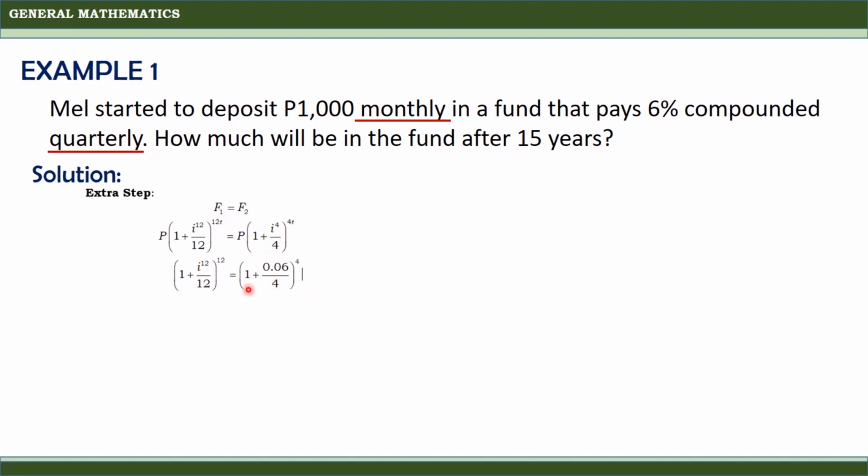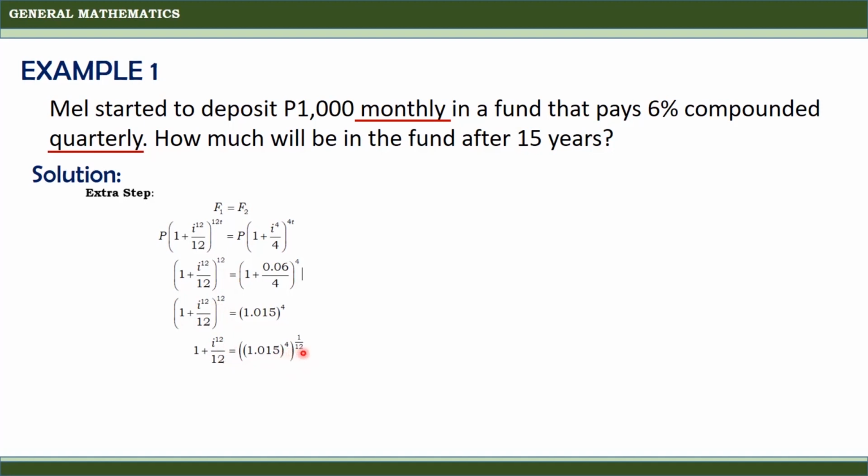Next, let us simplify 1 plus 0.06 divided by 4, which will give us 1.015. Next, let us eliminate the exponent 12 by raising both sides of the equation to 1 over 12. So we will have 1 plus i sub 12 divided by 12 is equal to 1.015 raised to 4, raised to 1 over 12.